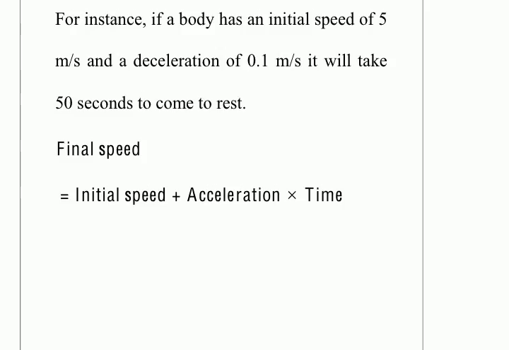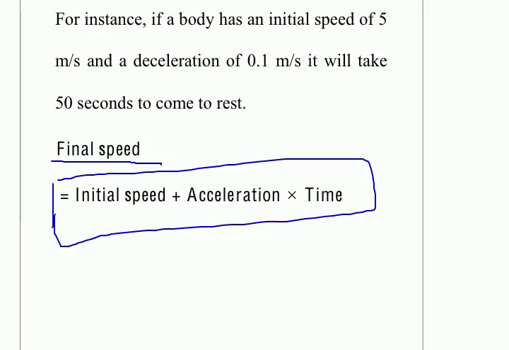If you have to find the final speed of a body that is accelerating, this is the formula. Final speed is initial speed plus acceleration into time. So these essentially cover the main concepts involved in time, speed and distance.